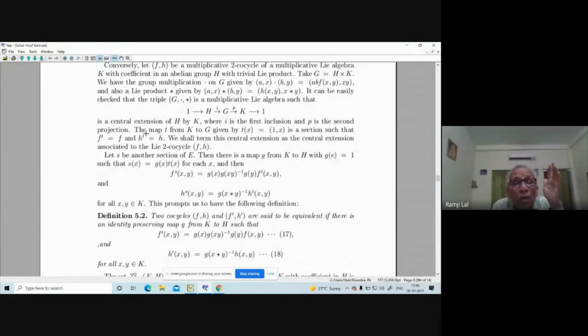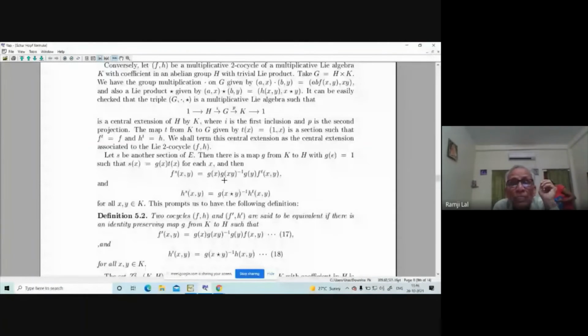Now, if we change the section, then F and H are related by these identities. The corresponding 2 cocycle FS, HS is related with FT and HT with the help of these formulas. And FT and FS are also related as 2 cocycles. That means this is the coboundary of a map G. Delta G, you remember, in additive notation is usually written as delta G of (X,Y) is G(Y) minus G(XY) plus G(X).